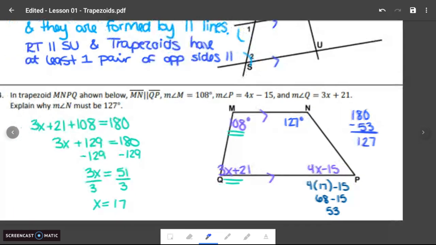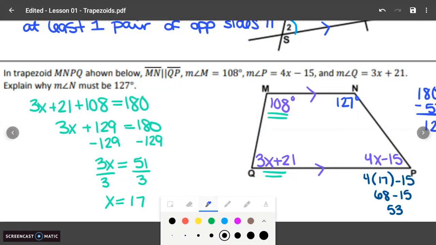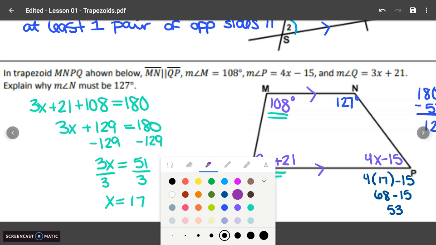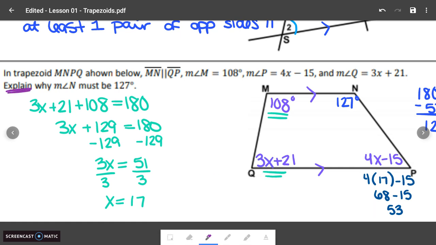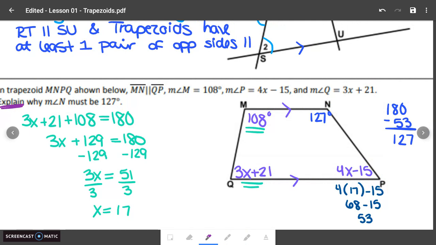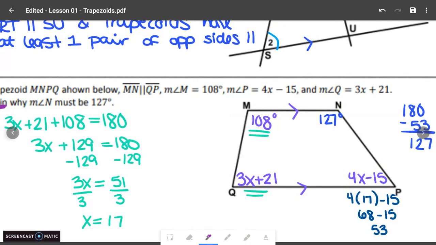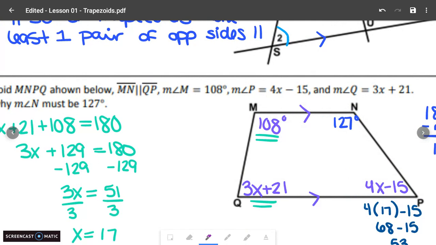Now, that was great math skills, but we wouldn't get full credit on this question just yet because explain means we need words. So we want to explain the process. We want to explain exactly what happened, how we knew it.